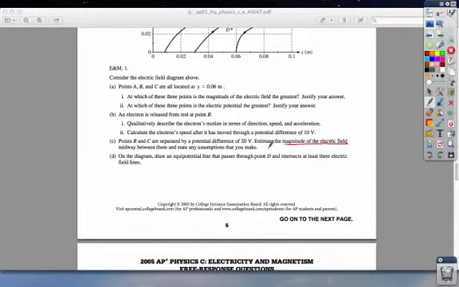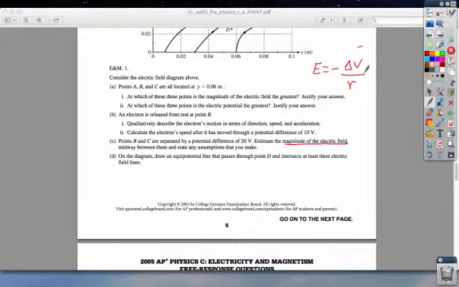Then we have to state some assumptions that we make. So the electric field just equals negative delta V over distance, which we can express as r.